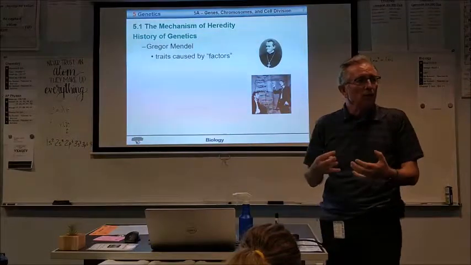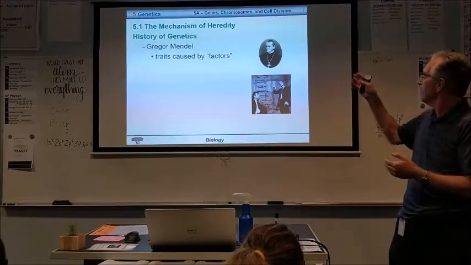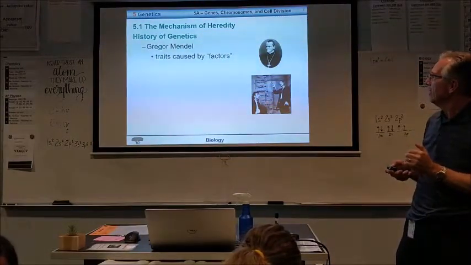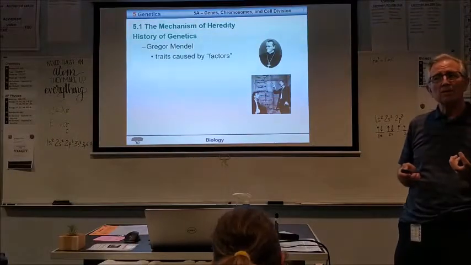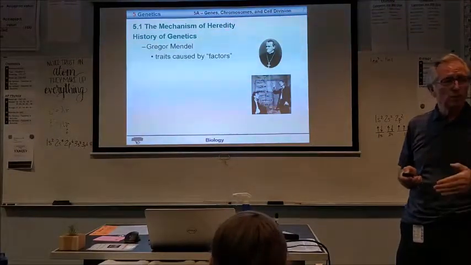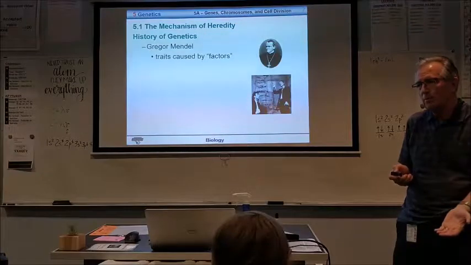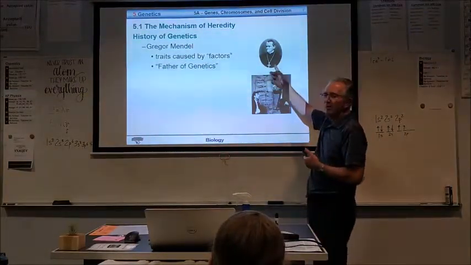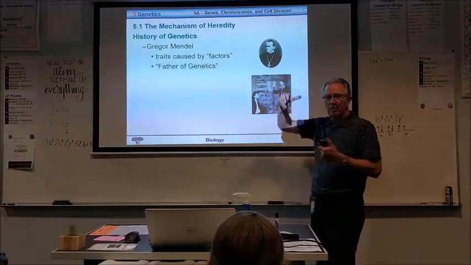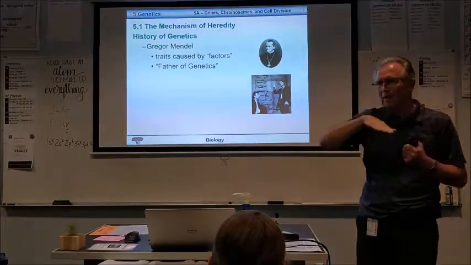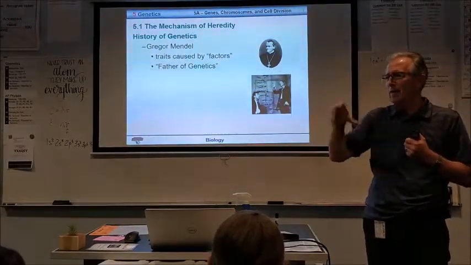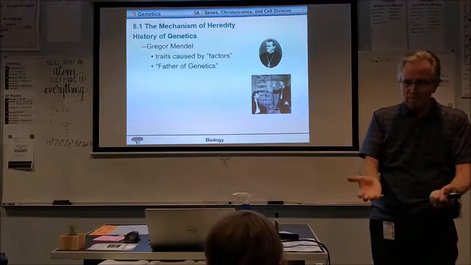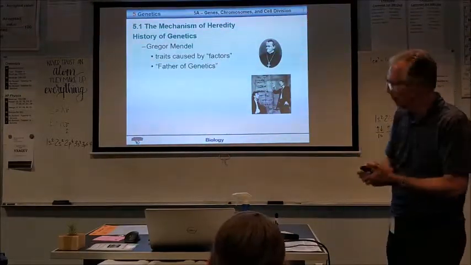So a lot of what we know about genetics comes from Gregor Mendel. He called them factors that control these traits, which today we would call genes. So we call him the father of genetics. Where somebody's finally thinking the correct way about inheritance was Gregor Mendel. He's the first person.